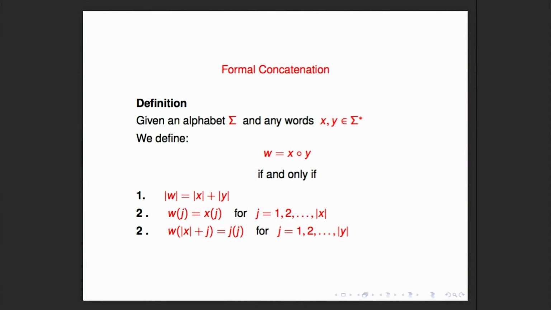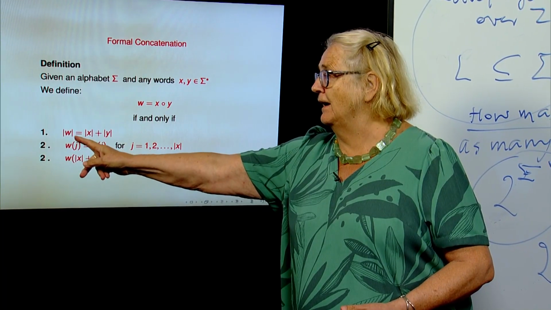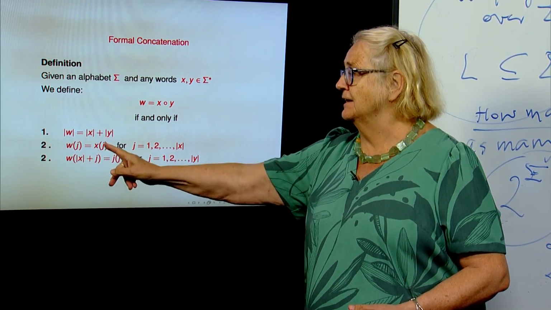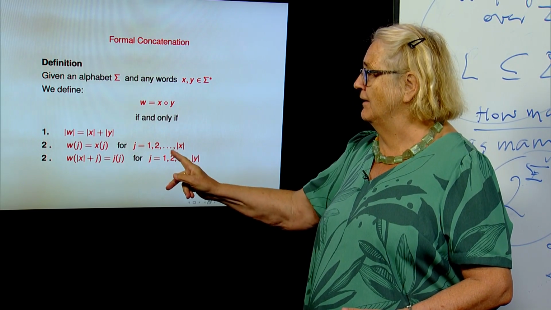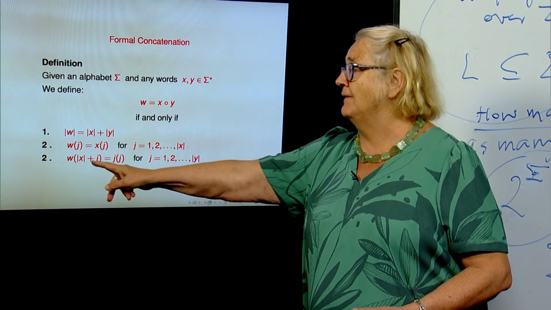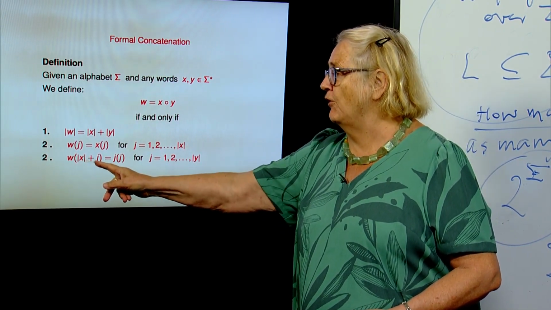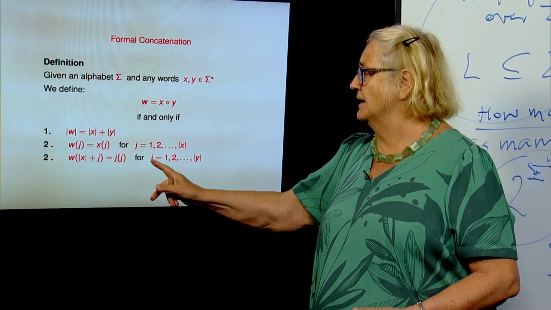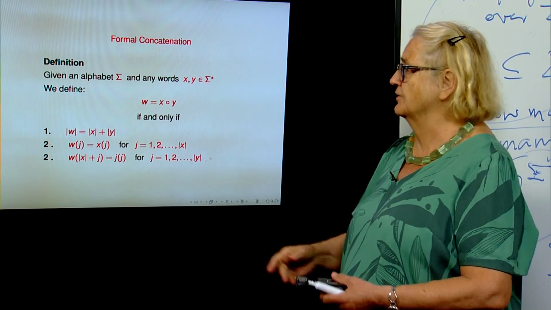W is a concatenation of x and y if the length of W is the sum of the lengths, and in W, the ith position is x_i up to the length of x, and then it follows with y_j, where j goes up to the length of y.